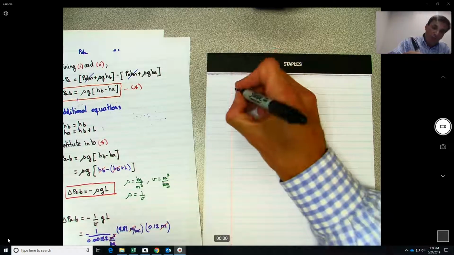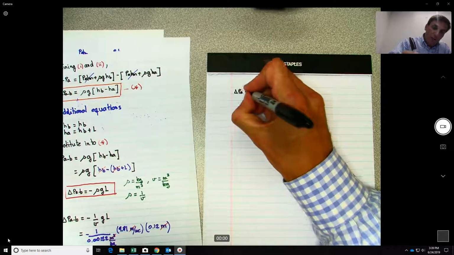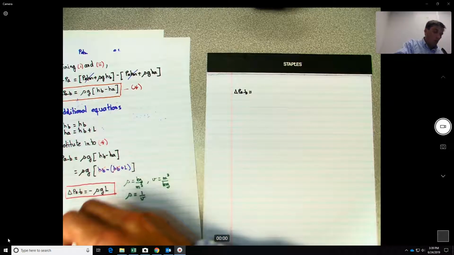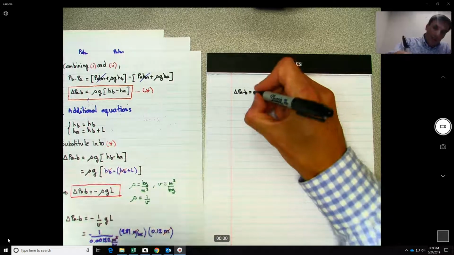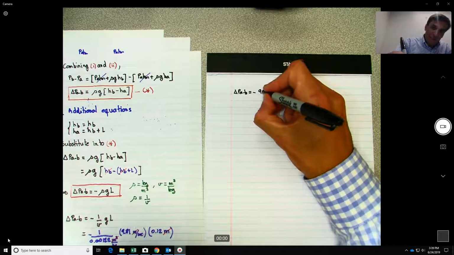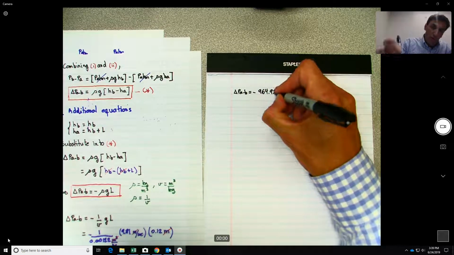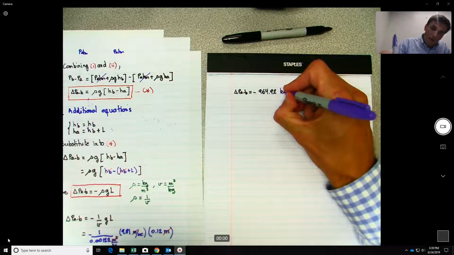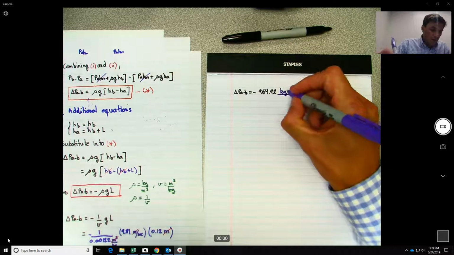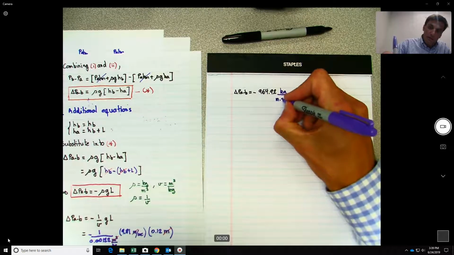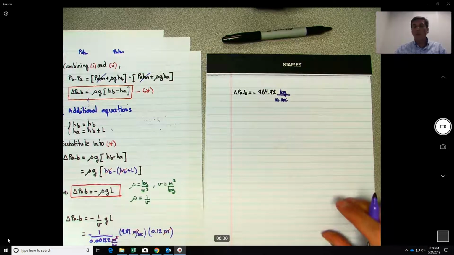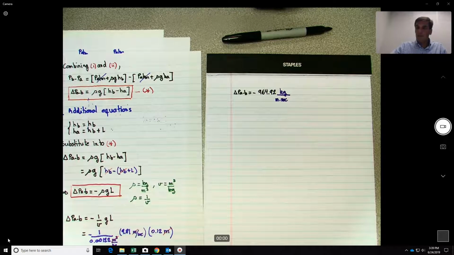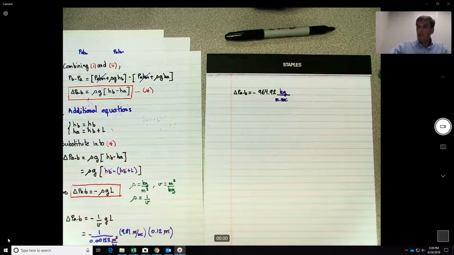So basically from the previous page we have that our change in pressure will be equal to negative 964.92, and the units we have are kilograms per meter second. Okay, so let's see, how can we do this?